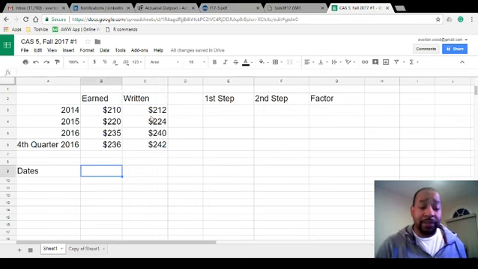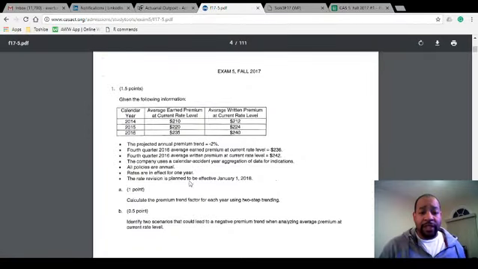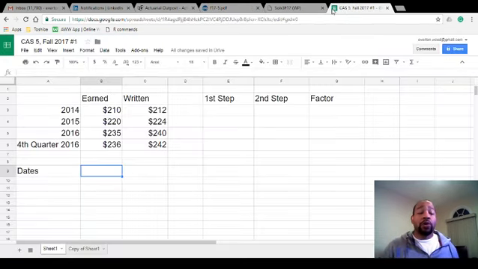So let me go ahead and establish this. The question says the rate revision is January 1 of 2018, but it says the fourth quarter 2016 earned premium level is 236. The key word here is average. For the fourth quarter of 2016, the quarter is October, November, December.